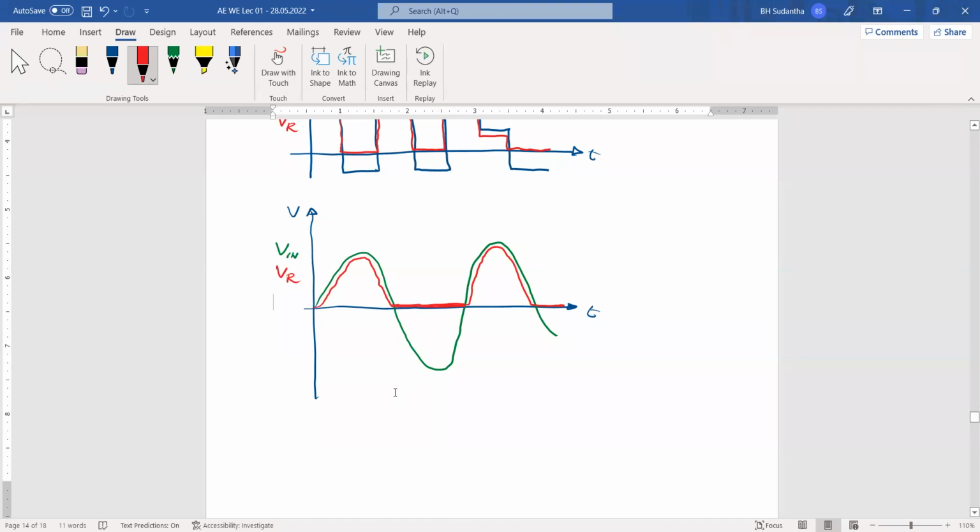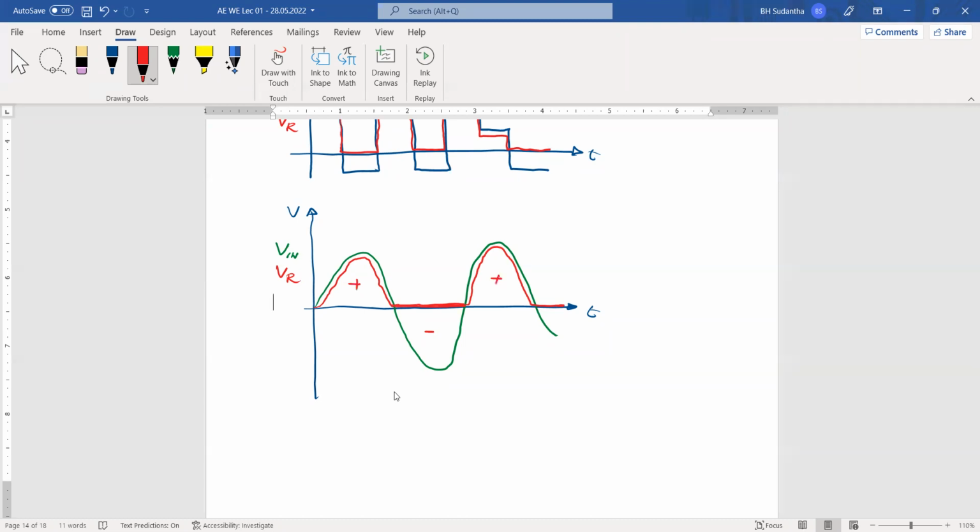You can see here that all the positive half cycles have come, but these negative half cycles don't come to the output.